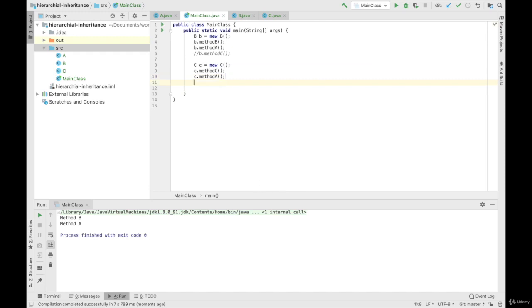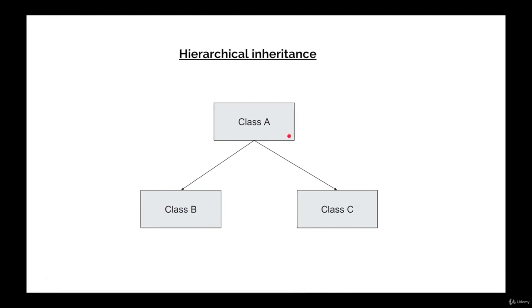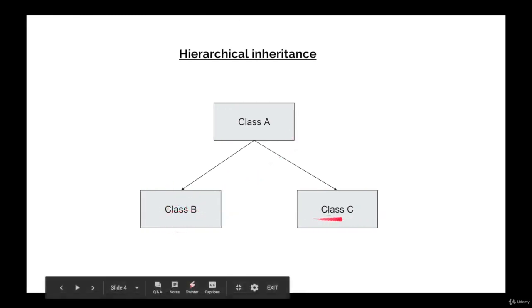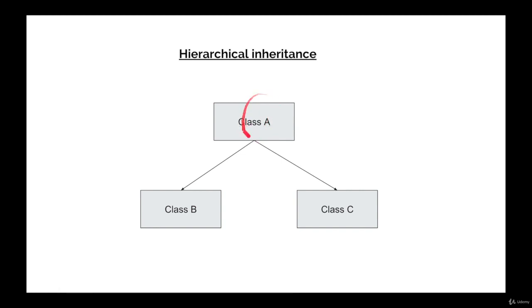But remember that you can't call c.methodB here, for the same reason that methods defined in class B cannot be accessed from class C because they don't have any relationship. Anything you define in B cannot be accessed from class C because there is no relationship between B and C.